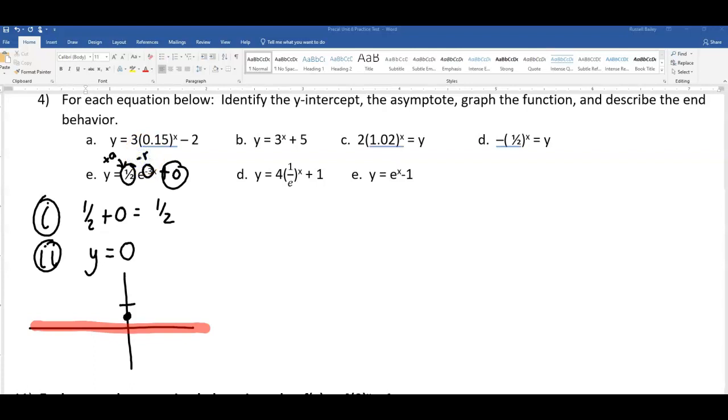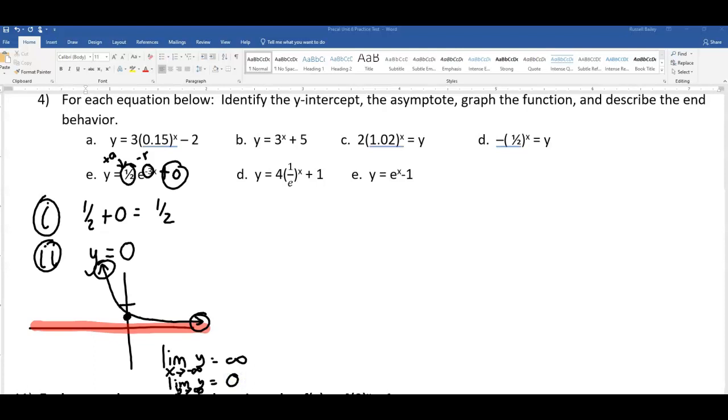And when you have a positive a and a negative r, that means your graph is going in that direction. Okay? Oh, I guess we could do end behavior. Let's do that real quick. We have the left side and the right side. On the left side, we have infinity, and on the right side, we have 0.